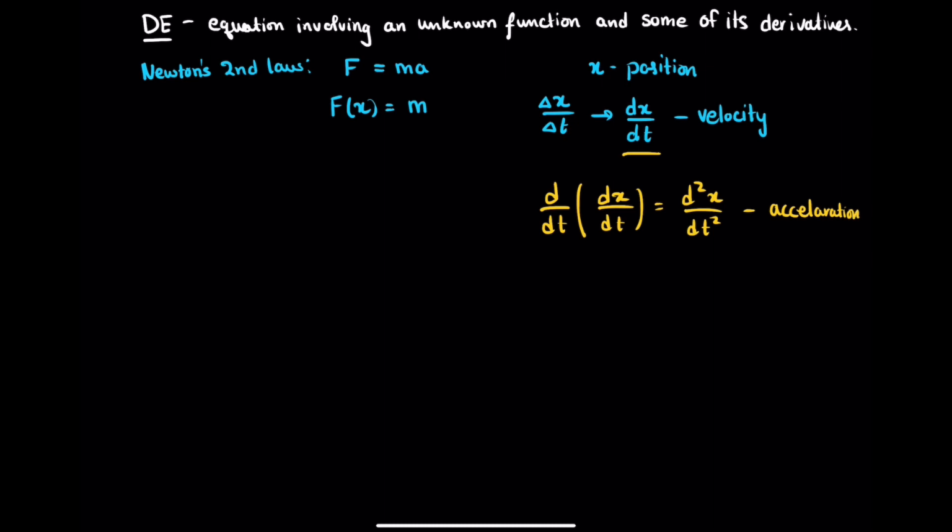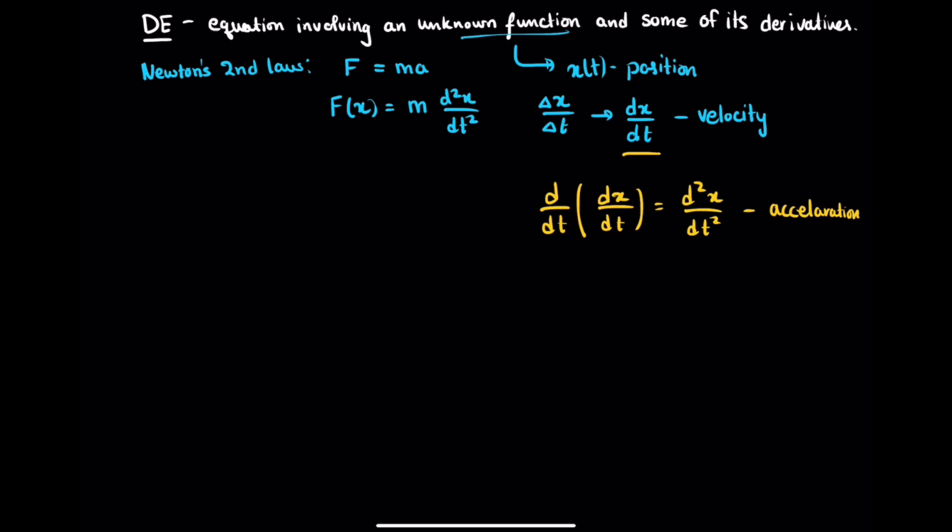We know that x is position, but the position is actually dependent upon time, so we can write x of t, and the unknown function is x of t. It's not f of x, it's x of t. That seems a bit confusing, but anyway, that's not important. So we can write f of x as m times d2x over dt squared. That is Newton's second law written in more mathematical terms.